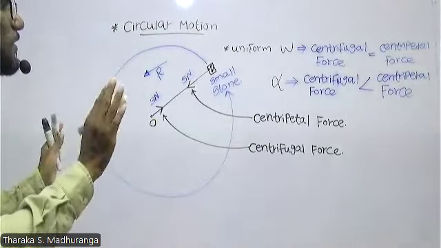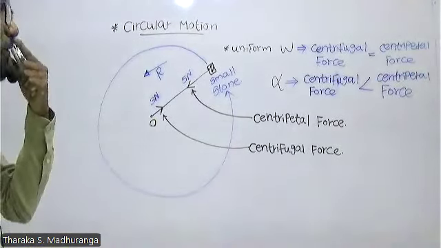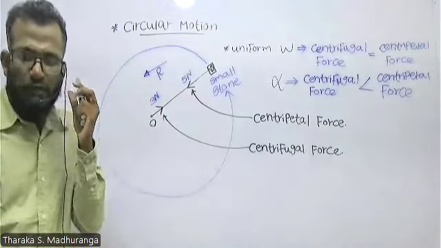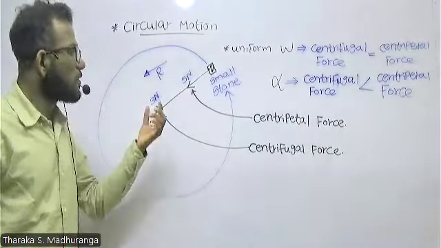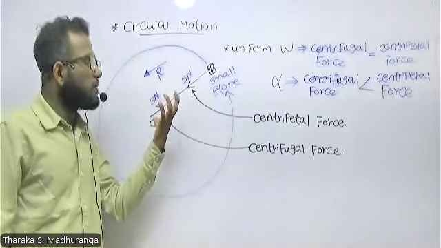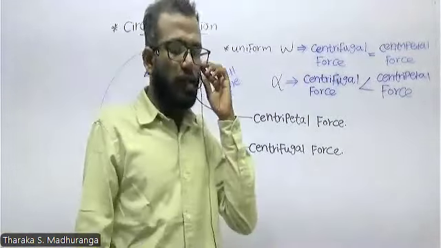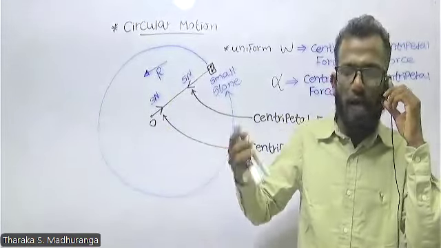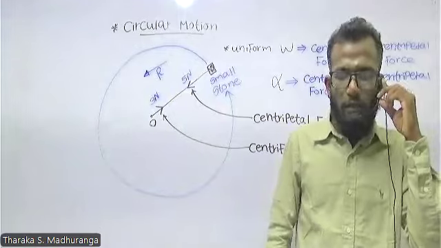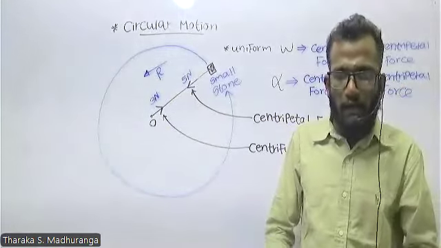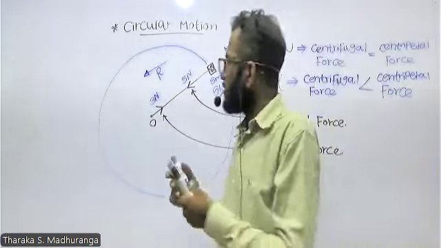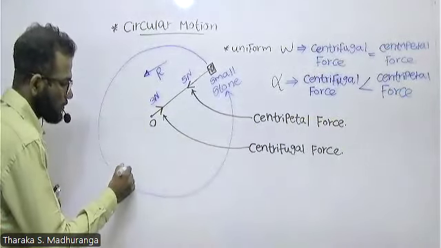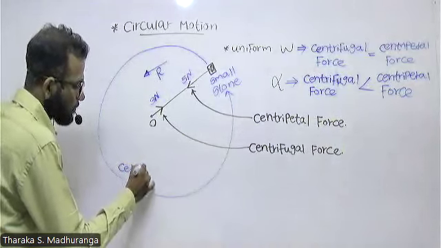Okay, that's the basic theory. Because of this centrifugal force and centripetal force, the resultant force acts towards the rotational axis. There is an acceleration coming that we call centripetal acceleration. We can discuss centripetal acceleration.